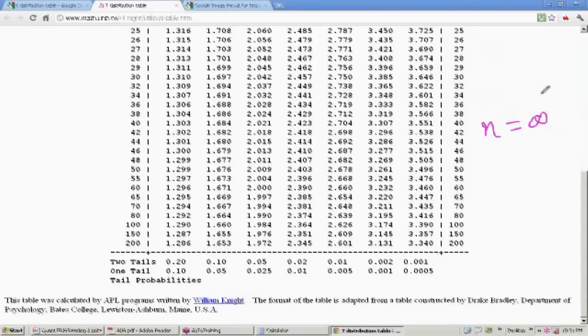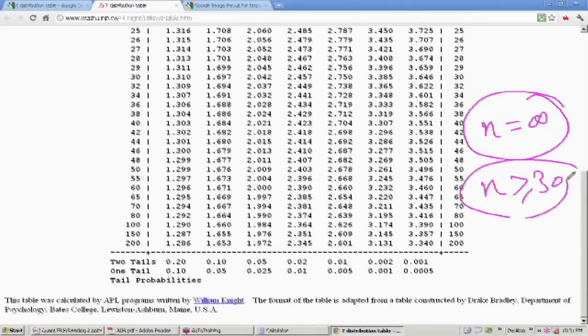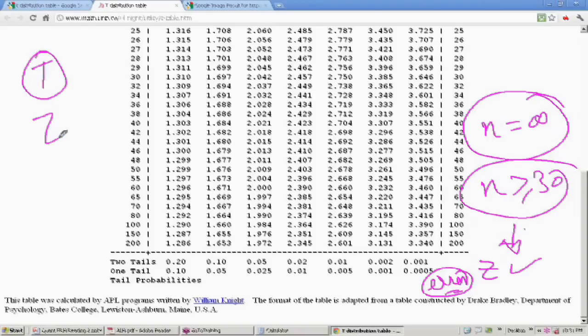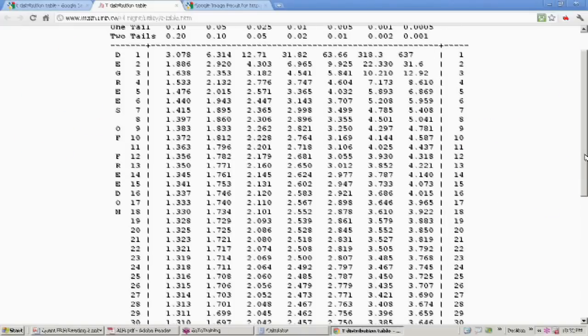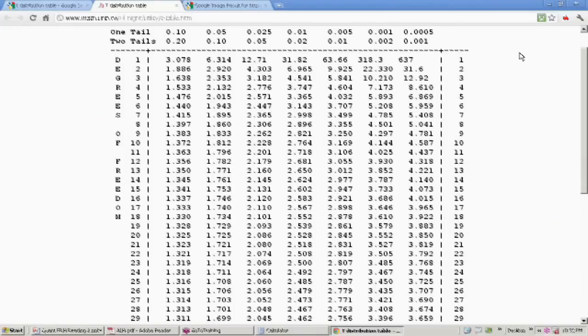We are saying that for greater than 30, Z can be used because the error is very low. But what we will be going through is when to use T, when to use Z. So this is one concept that we have to remember, when to use T and when to use Z.